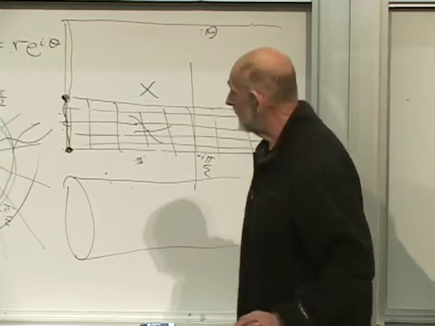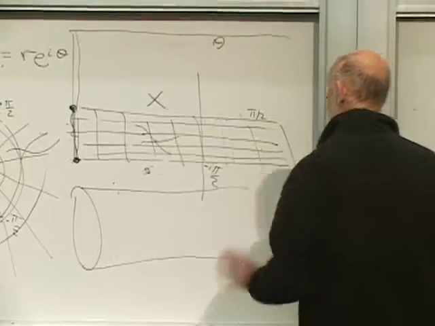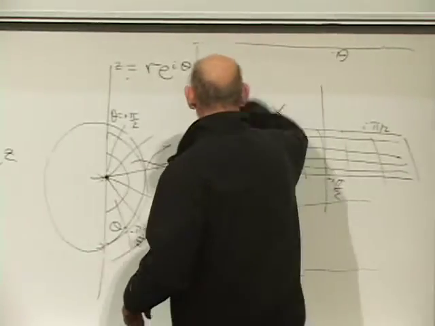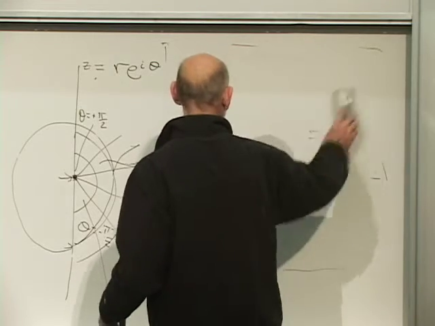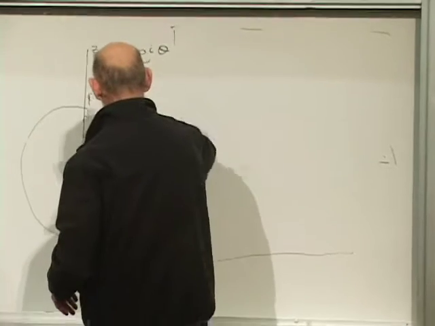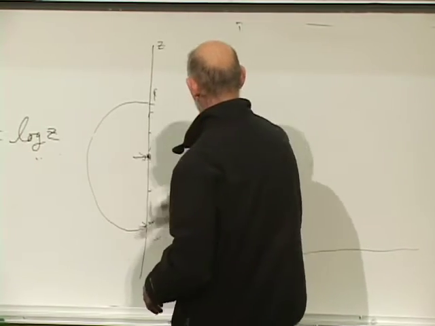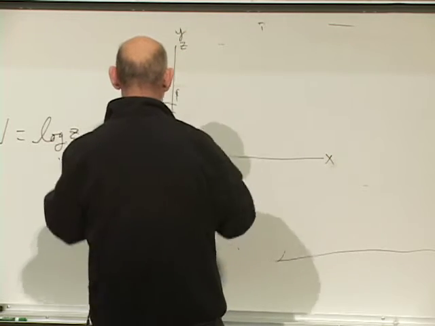Now let's come to another mapping. Let's forget this W plane and map to another W plane. Different mapping. We're starting again with the same Z plane, X, Y, and so forth.